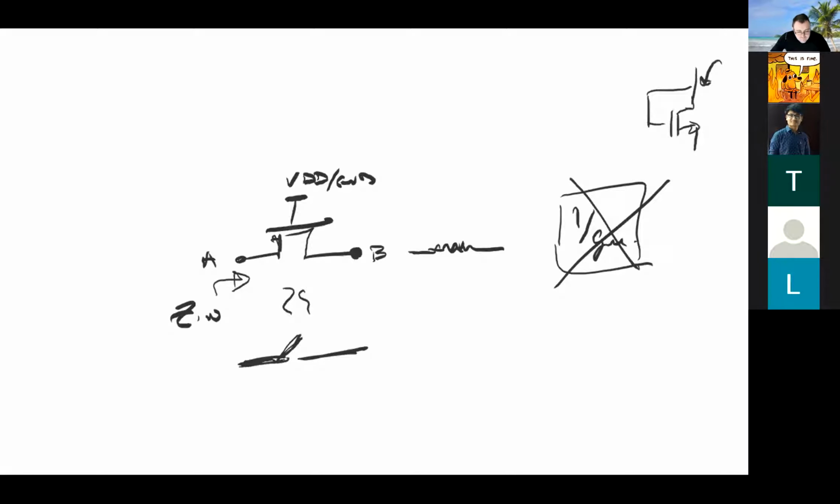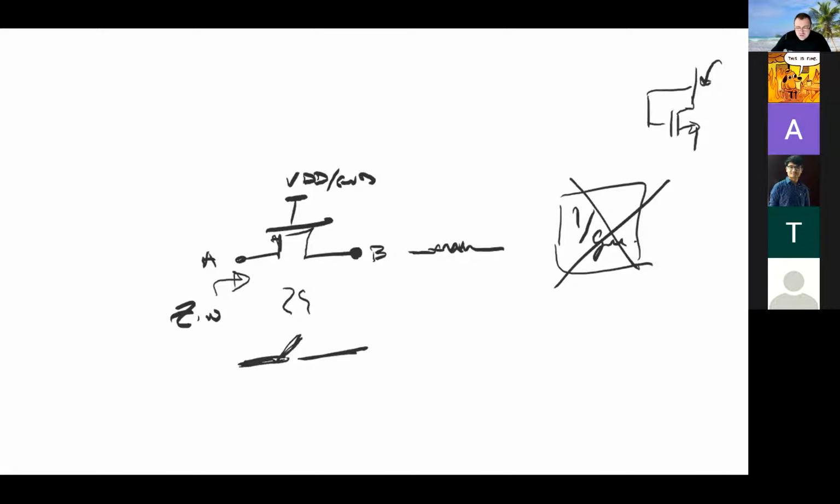So it's important to remember that this switch is in triode. And so we need to use the right equations when we're trying to solve this problem. And in particular, the TAs told me that there has been a lot of confusion and a lot of misuse of the IV equations in the wrong region of operation.